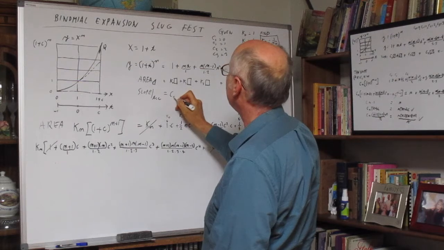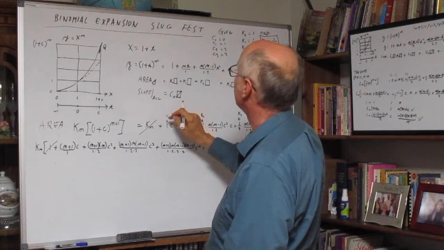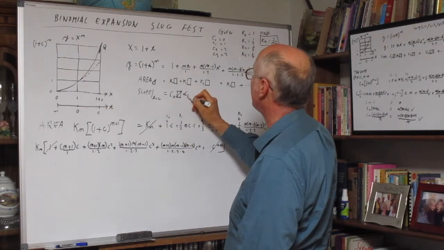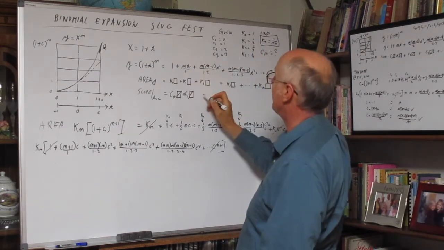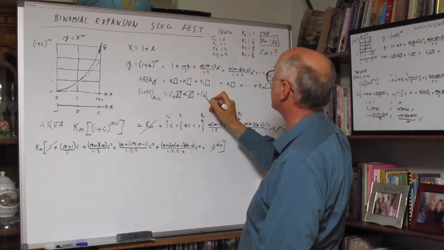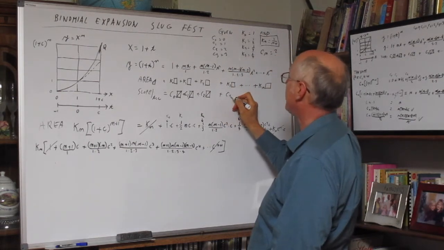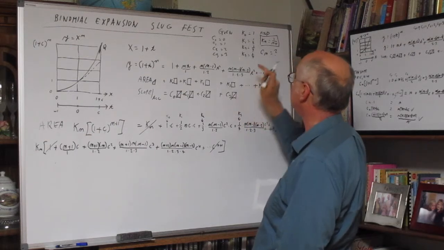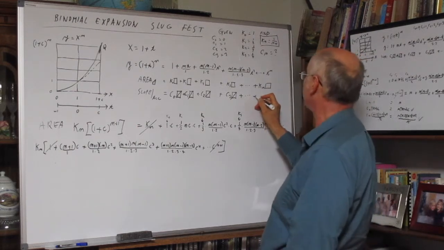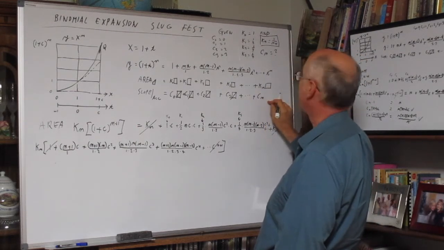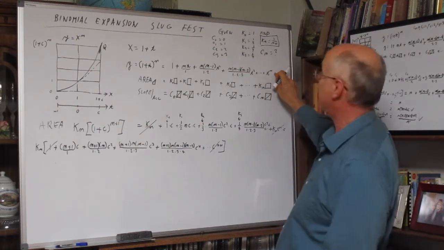So let's see, C0 times the diagonal of 0, plus C1 times the diagonal of the linear term, plus C2 times the diagonal of the quadratic term, plus C3 times the diagonal of the cubic term, plus dot dot dot, plus C sub n times the diagonal of the last term that we have here.